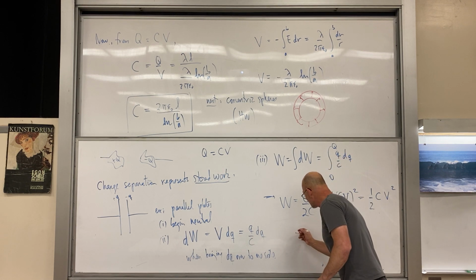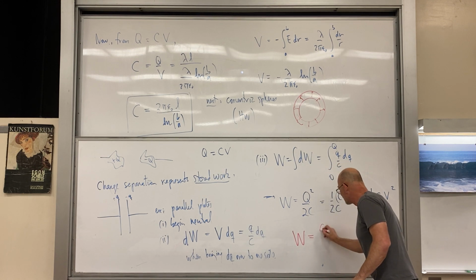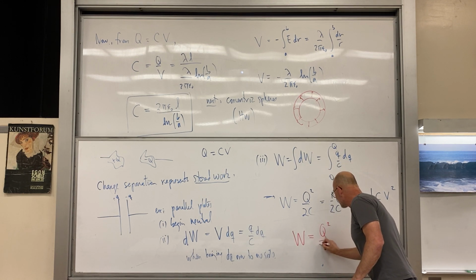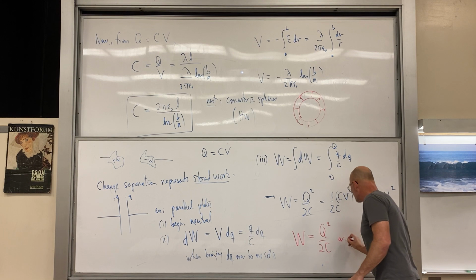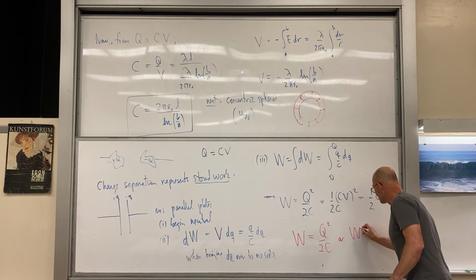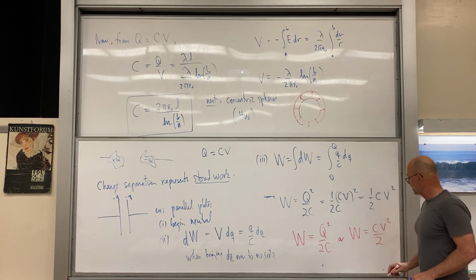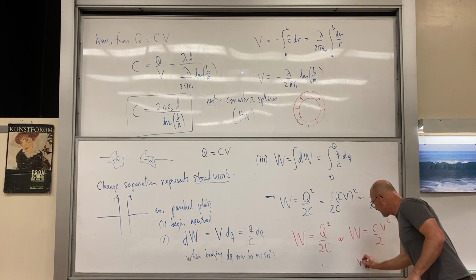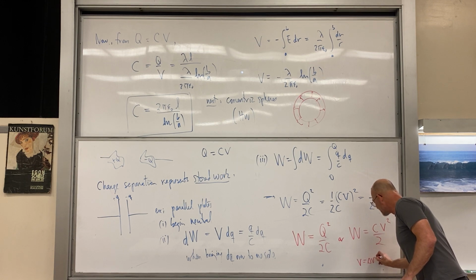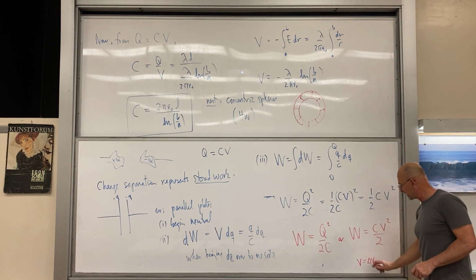So I'll just put them in a box. So there's the stored energy, Q squared over 2C, or W equals C V squared over 2. And in this case, V or delta V, depending upon how you set things up.